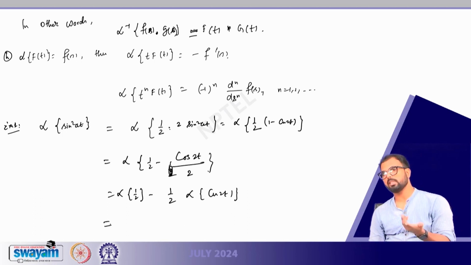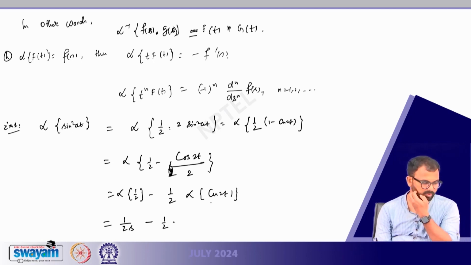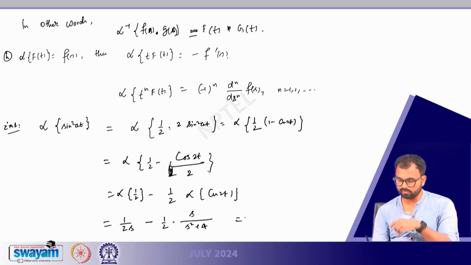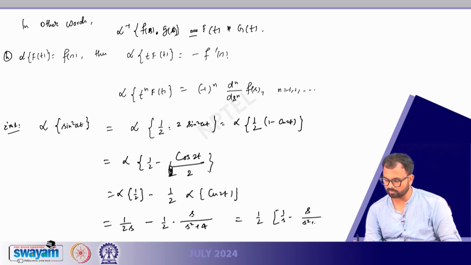The Laplace transform of half is basically that of a constant, and therefore, this will become 1 by 2s minus 1 by 2 times the Laplace transform of cos of 2t. So, this will become s by s square plus 4. From here we can take half out, and then we have 1 by s minus s by s square plus 4.